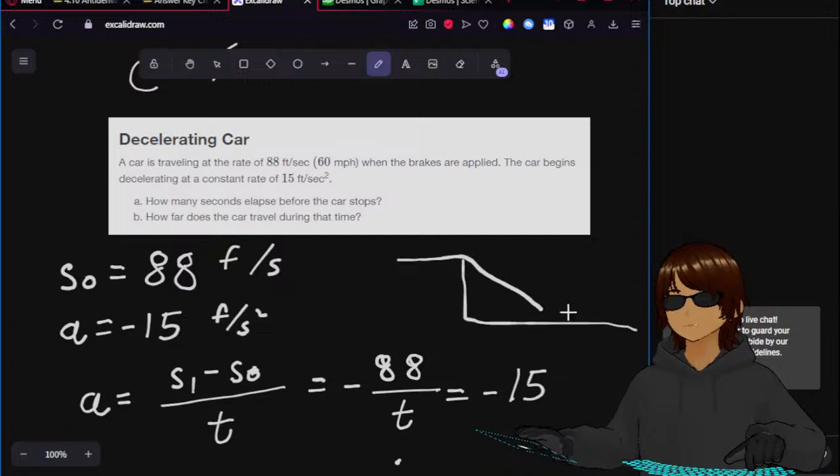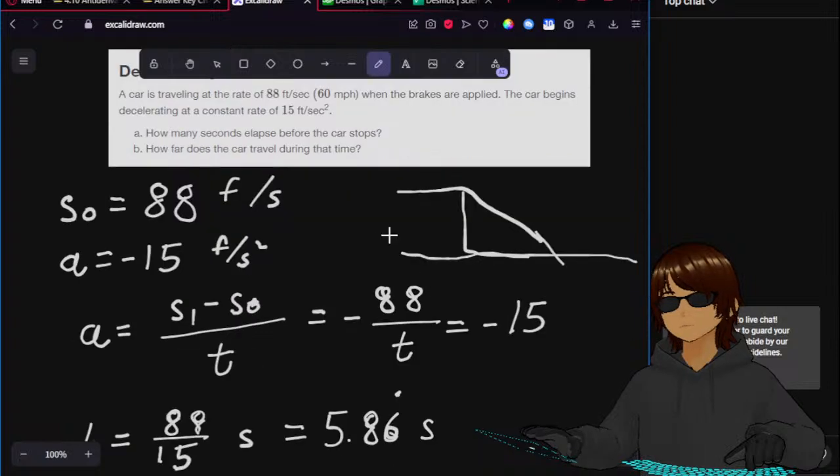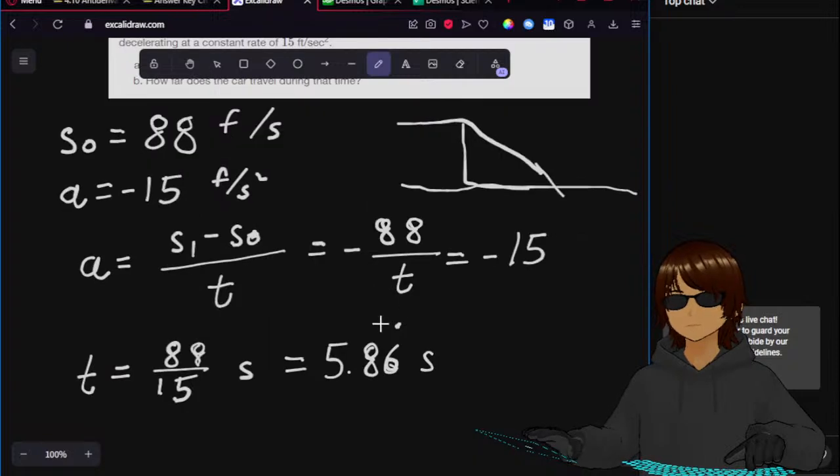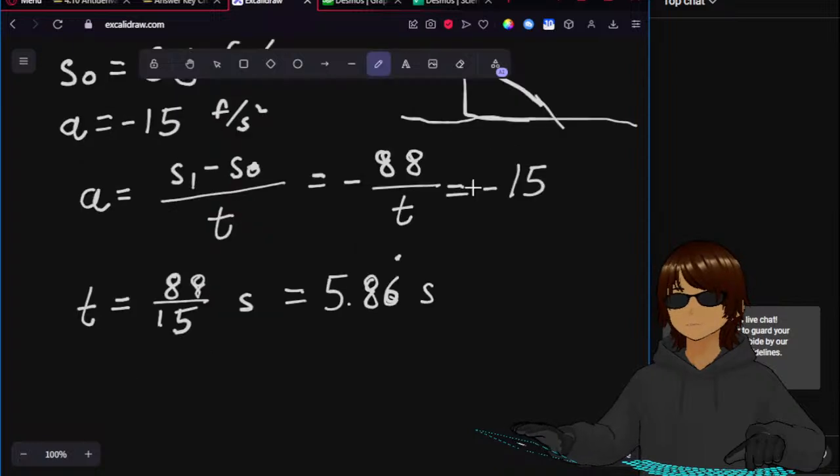The area gives the distance. So 5.86 times 88 divided by 2.